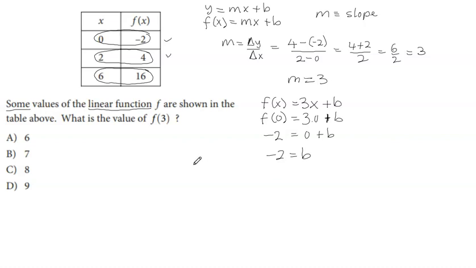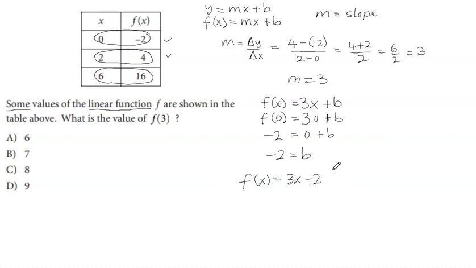At this point, we can write the full function, f of x, is equal to 3x plus b. It's 3x minus 2, just going ahead to substitute.